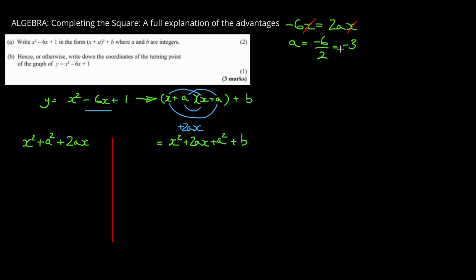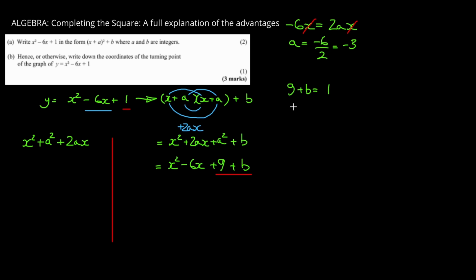Okay, substituting negative 3, we get x squared minus 6x, a squared, negative 3 times negative 3 is positive 9, and then plus b, that we don't know. But what we do know is that 9 plus b must equal 1. So we can write that down.